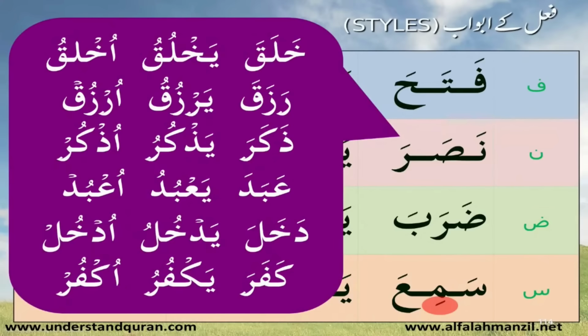Okay? So most of these words, if you look at this pattern, they were all Bab Nasara. They were all from the family of Nasara. Okay? Another way to understand these Babs is that, let's say there is a building and there are 6 floors.